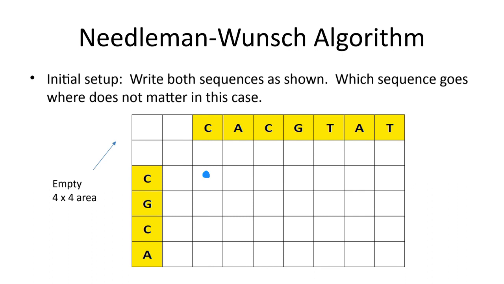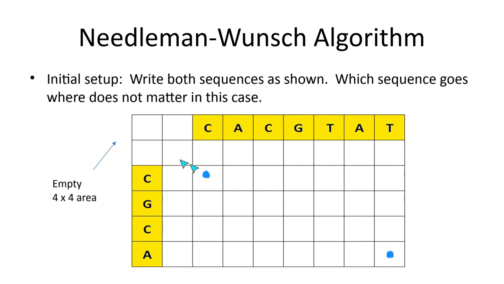This is sort of the beginning location of both sequences. We're beginning with the first letter. Here's the first letter of that sequence. The goal is to get to down here, which sort of matches up with the last letter of that sequence and the last letter of this sequence. So we want to find a way to get from beginning of both to the end of both. That will make it global where we kind of cover all of both sequences.